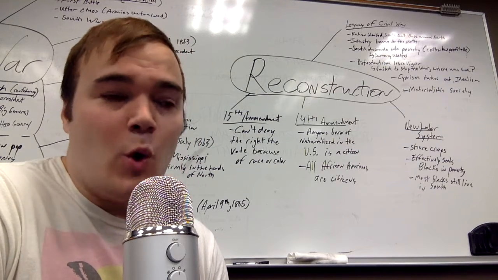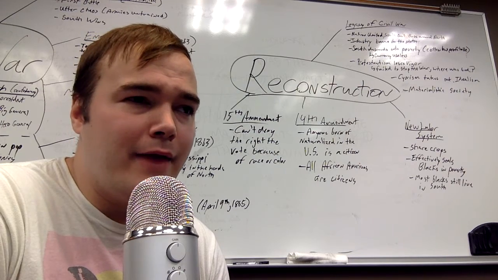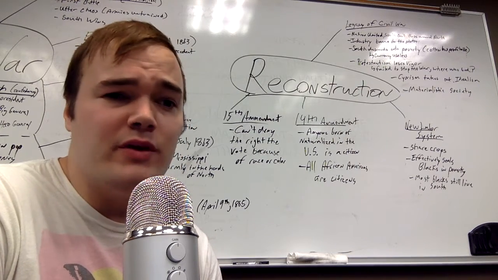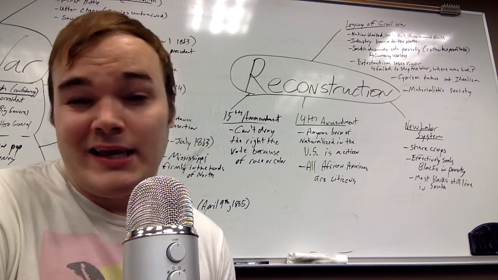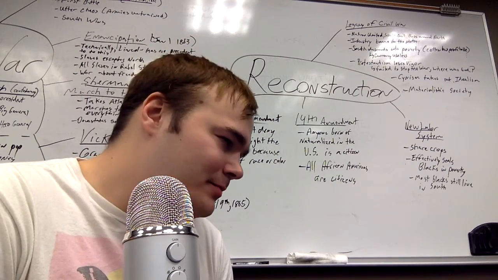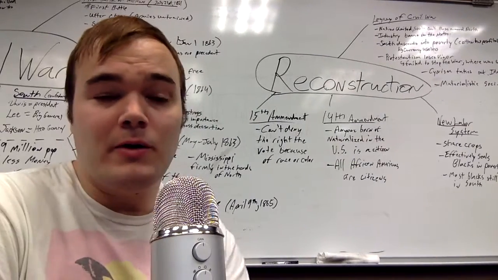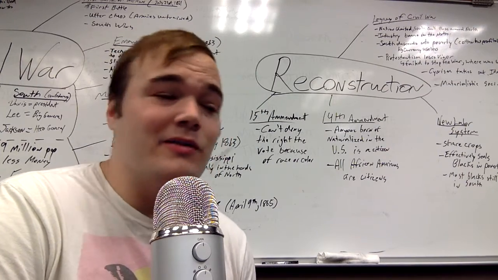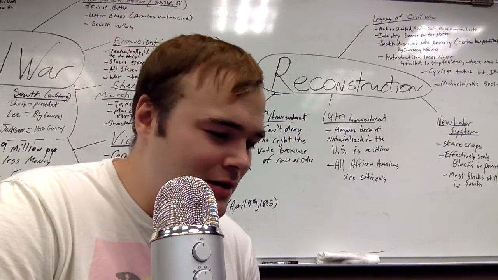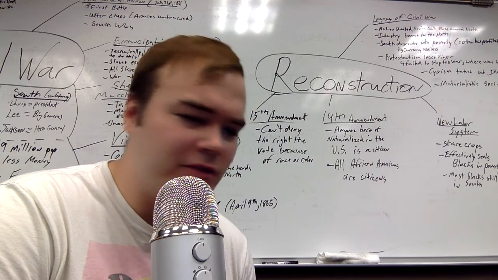All the land is owned by whites, and they'll just continue to rent, and the rates will be absurd enough to the point where you never really can get out of it. A lot of people attribute this to why so many African Americans are in poverty today. A lot of people also attribute it to why so many African Americans are also in the South. About 90%, I think, are living in the South, the Deep South today.